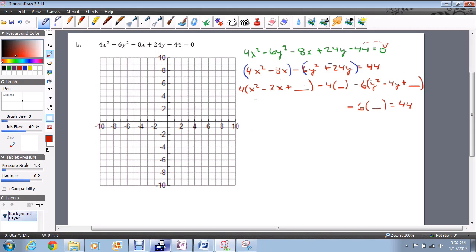A little note is that this is really negative 6 times something. So in order to balance it out, we have to multiply positive 6 times something.